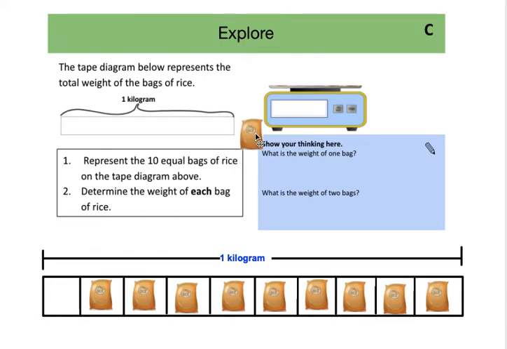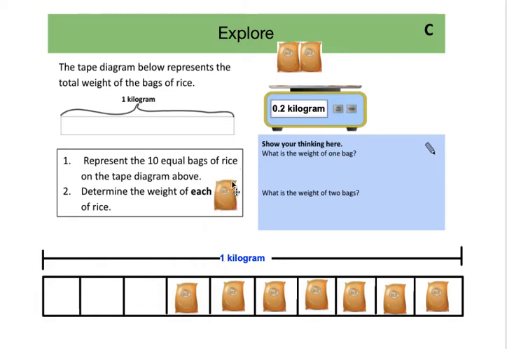Well, let's go ahead and put one of these bags on our scale. So one bag would be 1/10. How about if we put 2 bags? How much would that be? 2/10 of a kilogram, right? How about if we put 3 bags? 3/10 of a kilogram.